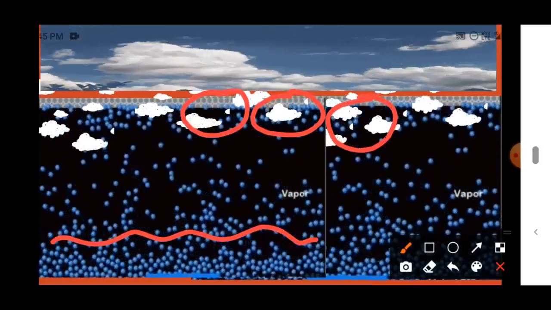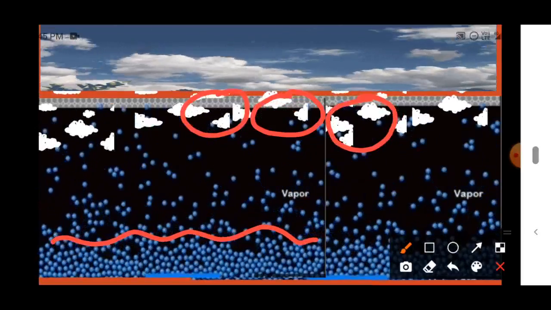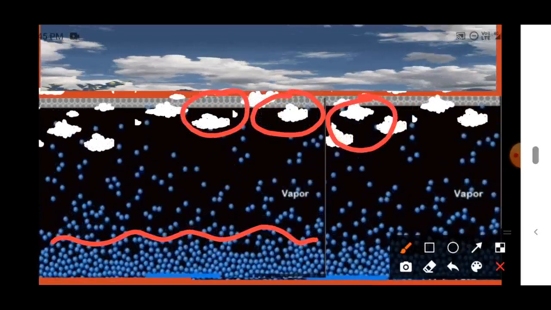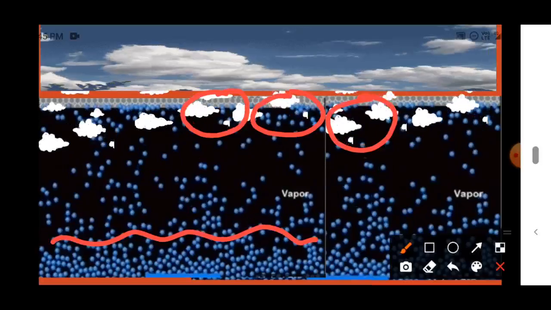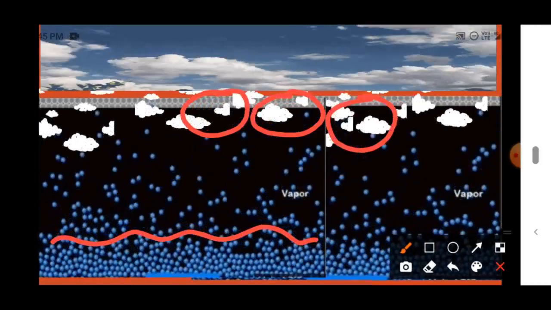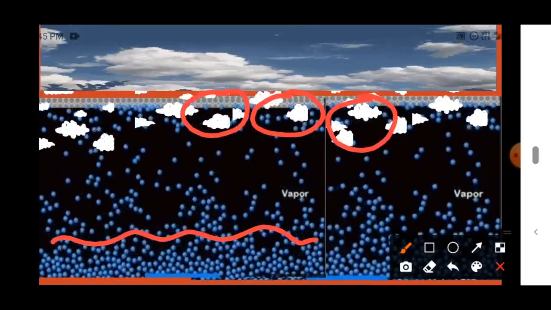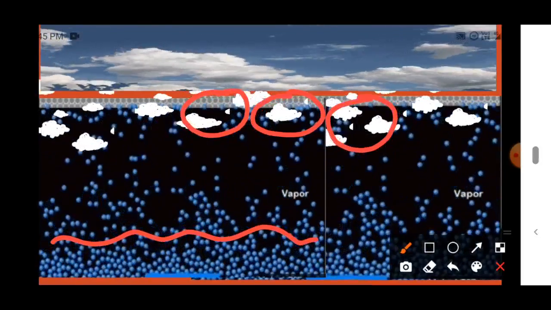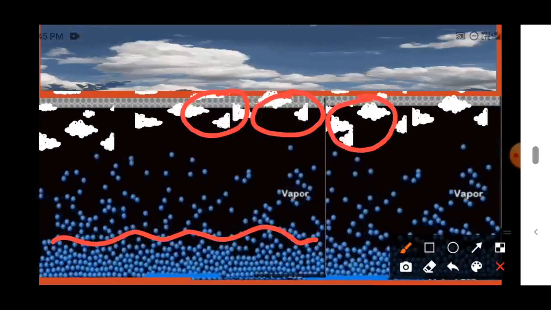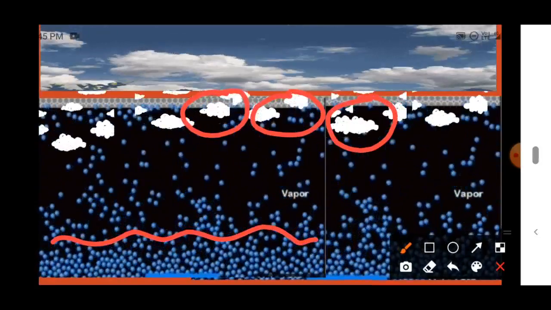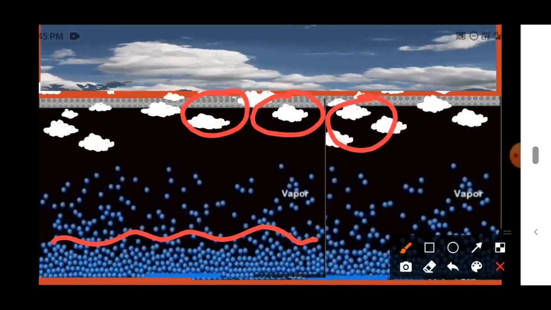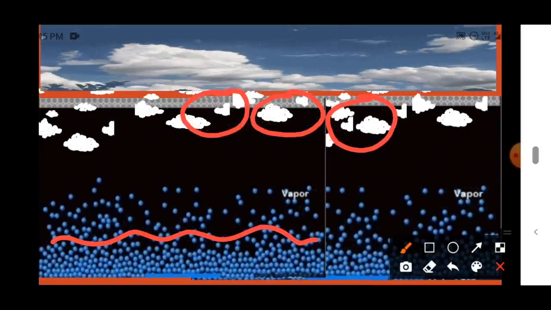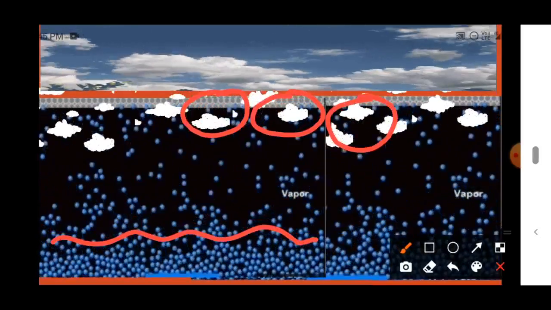Then many tiny droplets come together to form a large sized drop. So this large sized drop is very heavy. That means the weight increases. It's so heavy. So what happened? It again falls as rain.